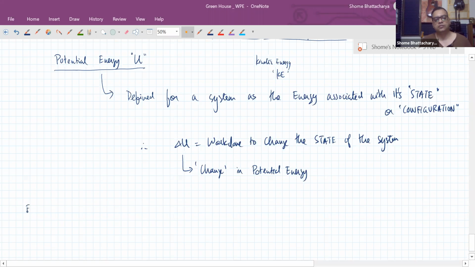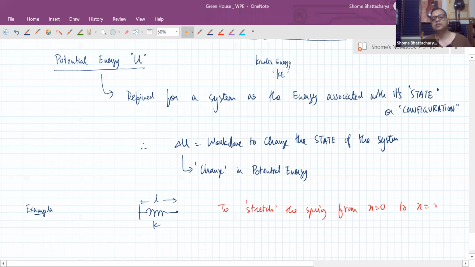So for example, now if we have an ideal spring of natural length L, now to stretch the spring from x equal to 0 to x equal to some value, let's say d, an external agent will have to apply force and do some work.